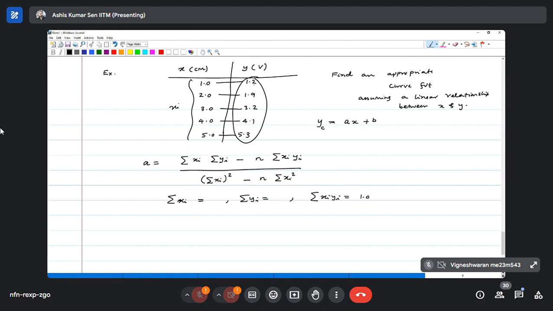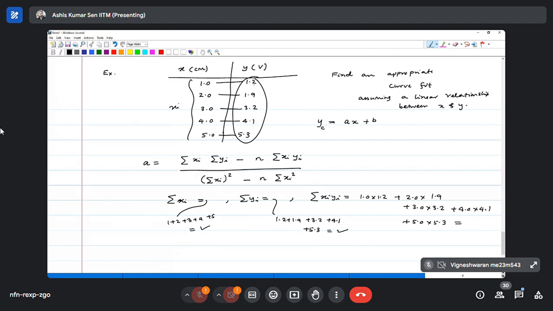You have to basically 1.0 into 1.2 plus 2.0 into 1.9 plus 3.0 into 3.2 plus 4.0 into 4.1 plus 5.0 into 5.3. So you can find out sum xi is basically your 1 plus 2 plus 3 plus 4 plus 5. So you get sum xi. Sum yi is basically 1.2 plus 1.9 plus 3.2 plus 4.1 plus 5.3. So you can get this.